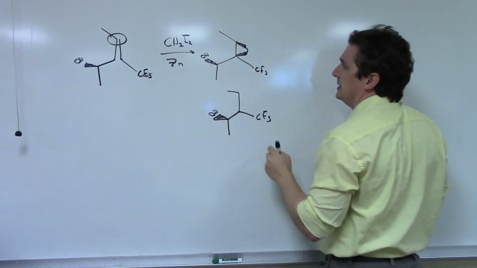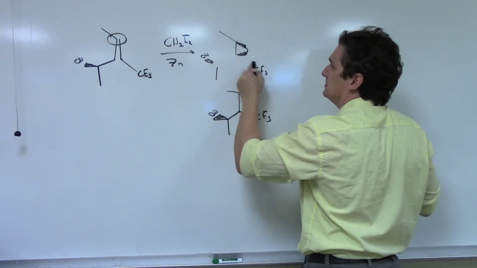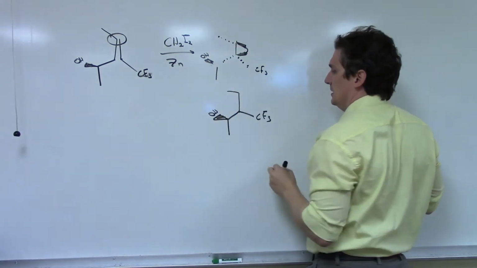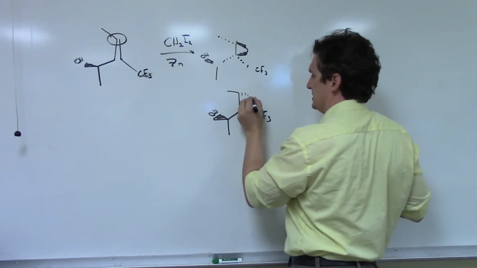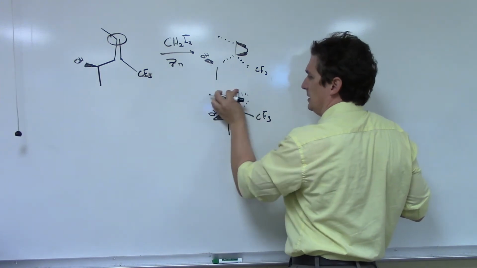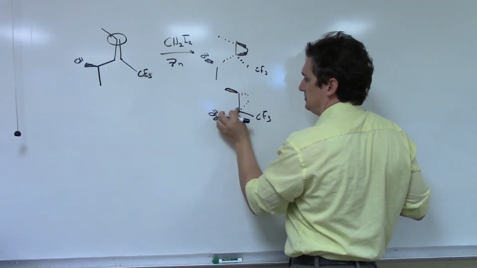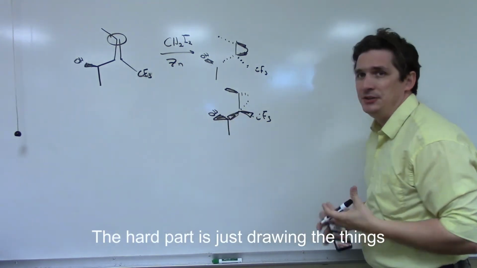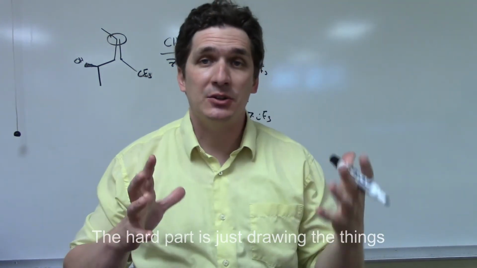So there's my ring. And that's going to push all of these down. Or I can draw this as a dash, and that's going to make all of these wedges.